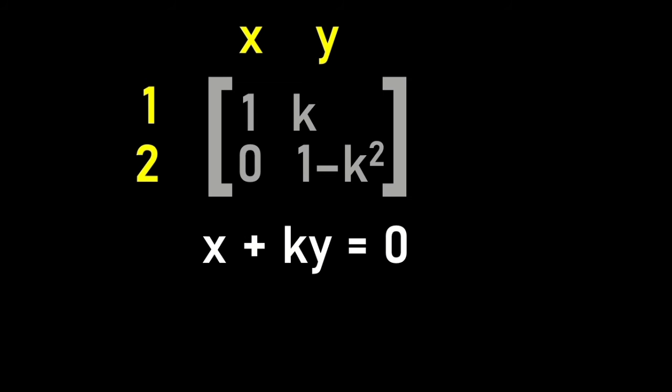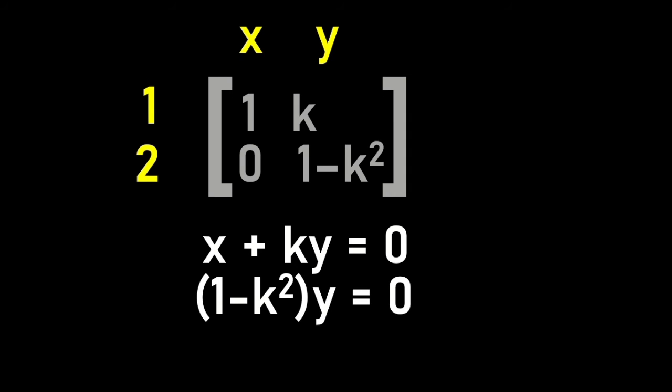So in our first equation, we have 1x, or simply x, plus ky equals 0. In our second equation, we don't have any x, so we only have y, and that is (1 - k squared) times y equals 0.